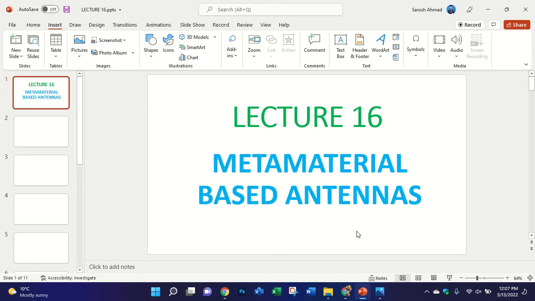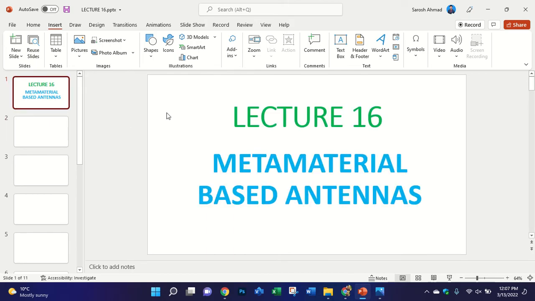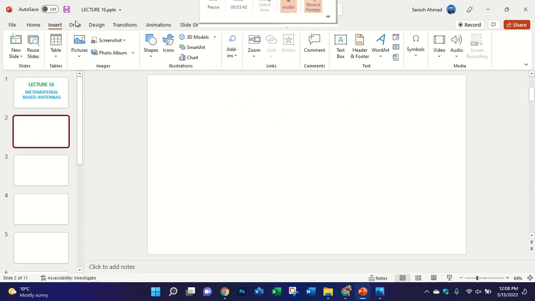But in most cases we take the metamaterial of the same size as the antenna. In the case of the EBG structure, you can use a smaller one, or it may help you to reduce the size. So let's start with this one.